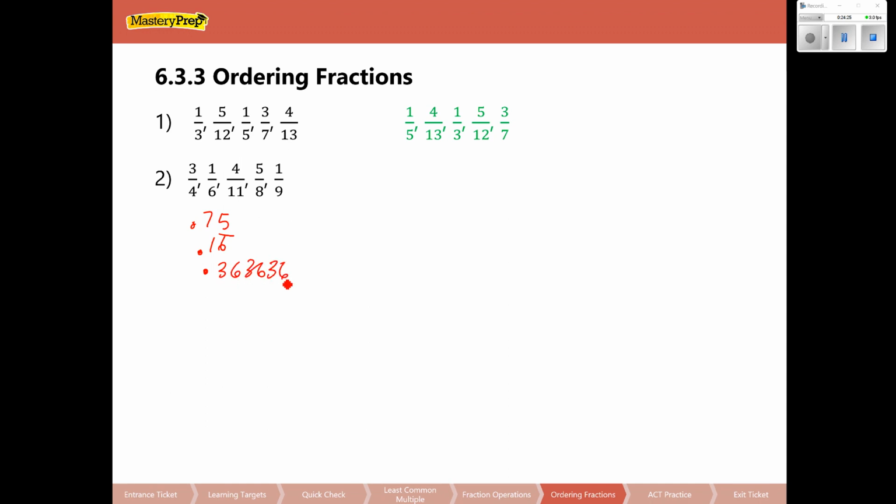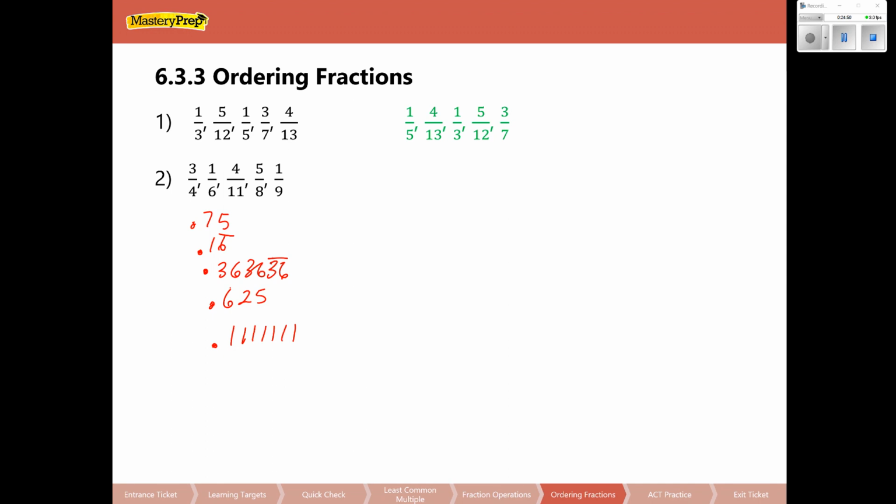So 4/11 is just 3/6 repeated. 5/8. And 1/9 is 1 repeated. The interesting thing with ninths is the decimal number is going to be whatever the numerator is repeated.